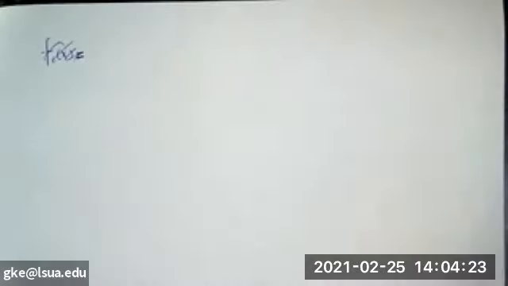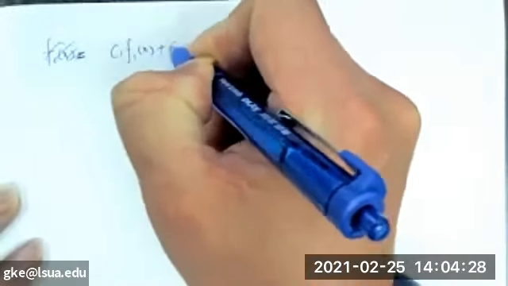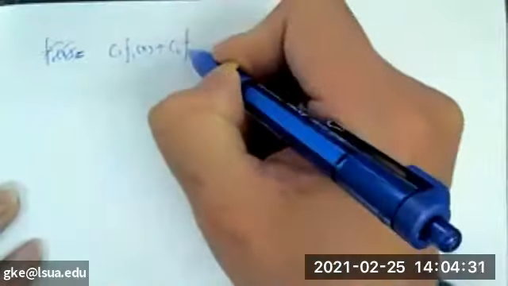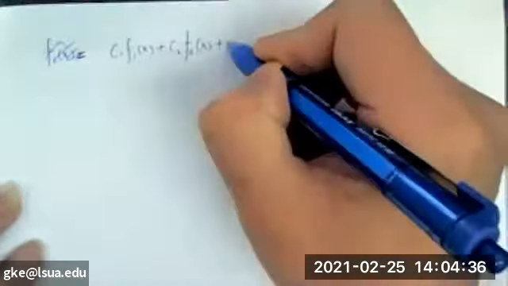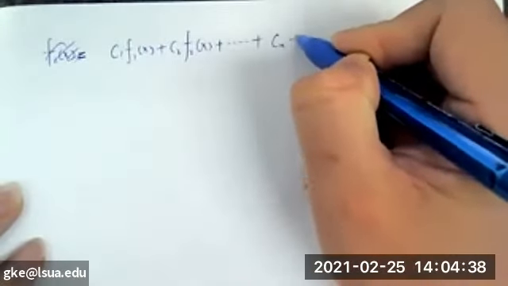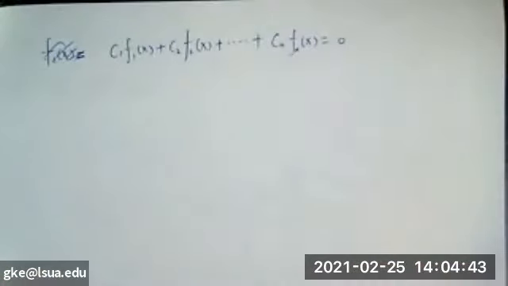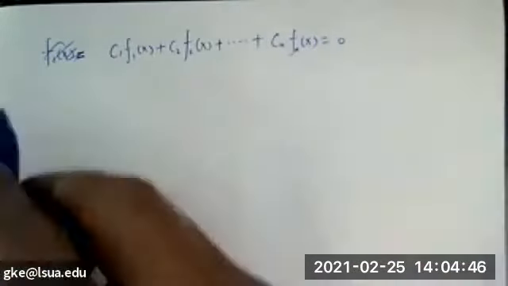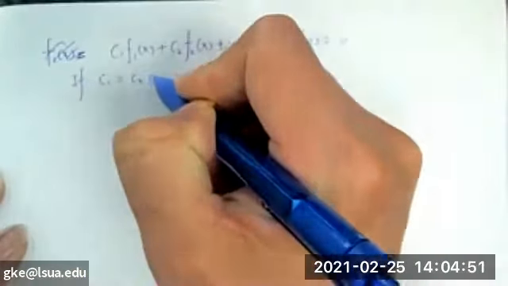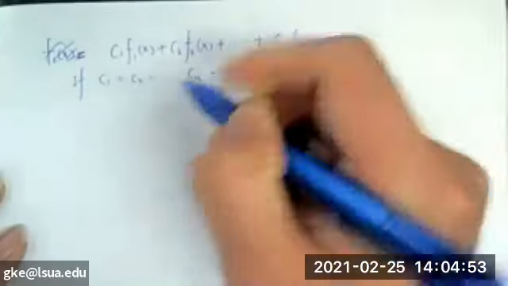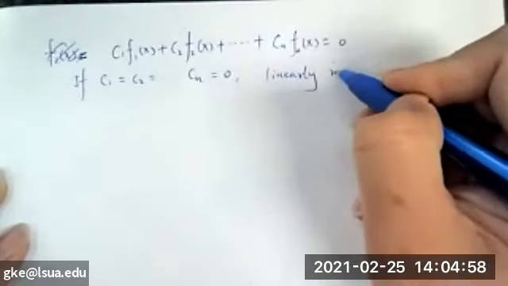So for linear independence, what does it mean? It means we can construct the linear combination, and let the linear combination equal 0. And if we find that C1 equals 0, that means linearly independent.